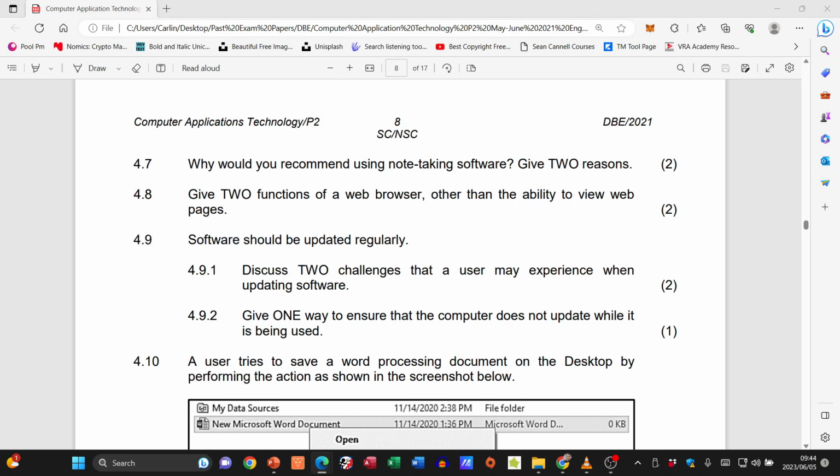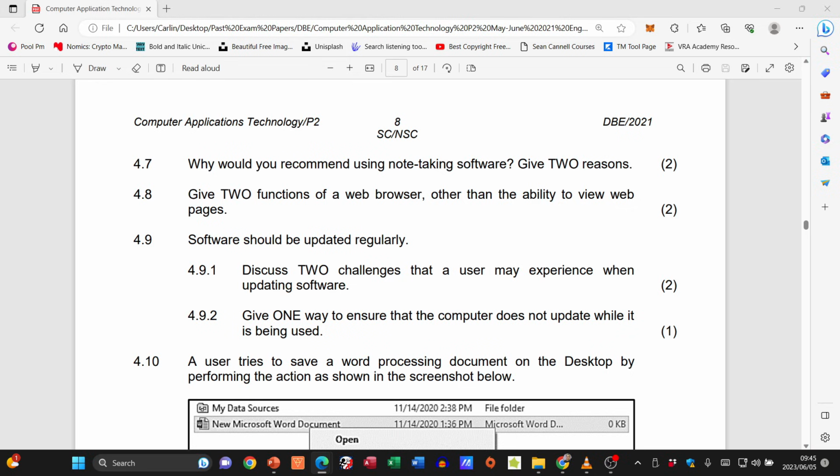Sometimes when you update, there are certain features that can be removed. Like I said, it can be time consuming, and you can have challenges when you interrupt that process as well. Okay. We do have other options, things like, sometimes bugs come into the equation when you are updating software. So it could sometimes cause those sort of problems, but anything along those lines.